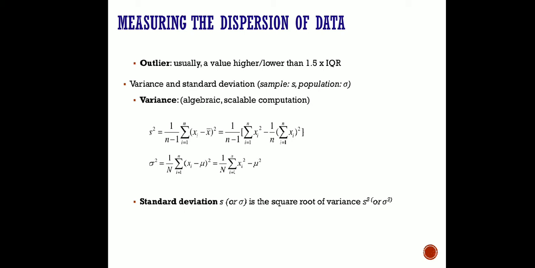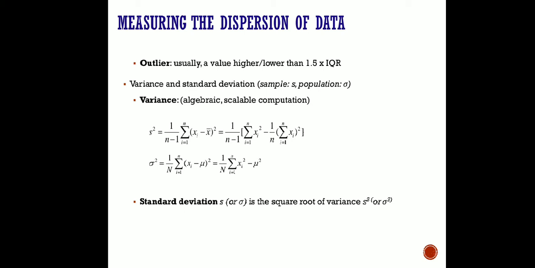Okay, s square and sigma square are the same. You can see here in the second line we have just replaced the summation of x i over n by mu, that is nothing but the mean value.